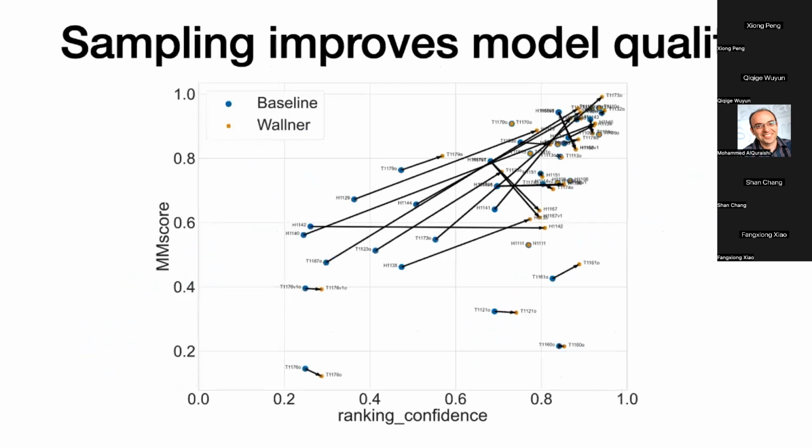And then I created this plot. I don't know if you can see it, but basically this is MM score and the ranking for the base, and then there is an arrow for the one where I run my method. And what you can see is that all arrows are basically pointing in the right direction. So you're increasing the score, which is good because we're sampling.